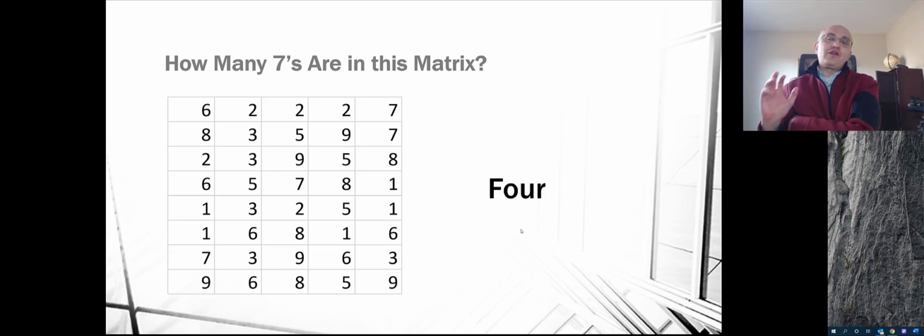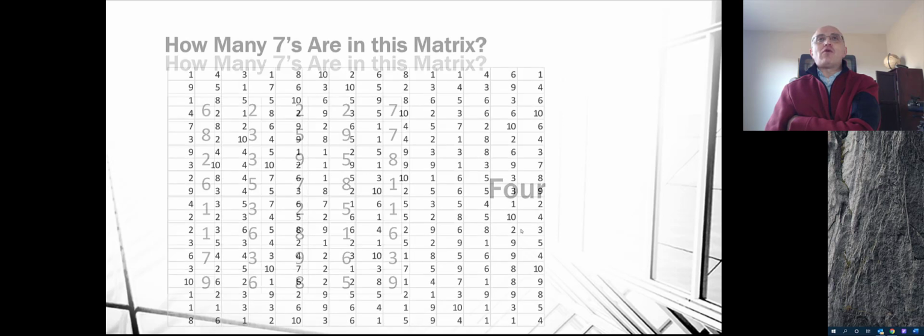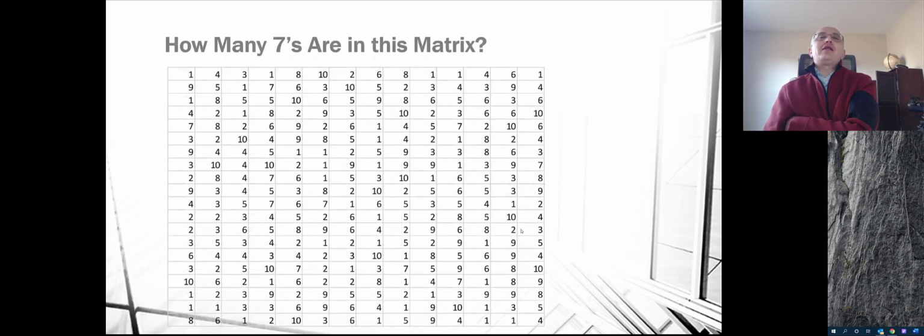So, see, with a small data set, we could probably do it. But what if I said, okay, tell me how many 7s are in this matrix? 30 seconds. Go.